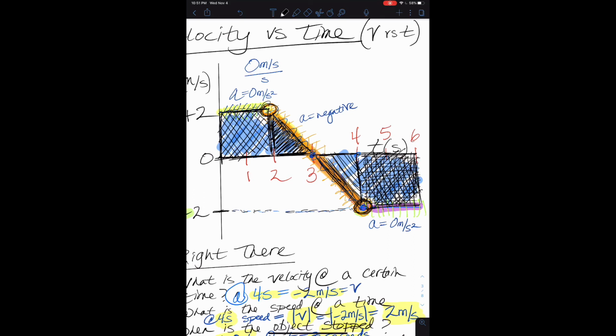Okay, so what I'm saying here is, by taking these 4 areas, we should be able to figure out the total displacement of the object.